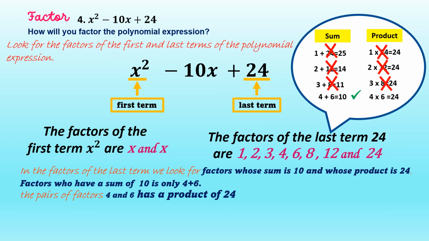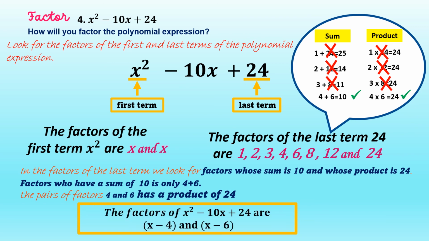So what is left is only 4 and 6, because 4 plus 6 is equal to 10, and 4 times 6 is equal to 24. Therefore, the factors of x squared minus 10x plus 24 are quantity x minus 4 and quantity x minus 6. It becomes negative because our middle term is negative 10x.